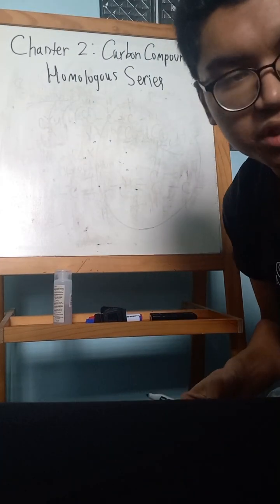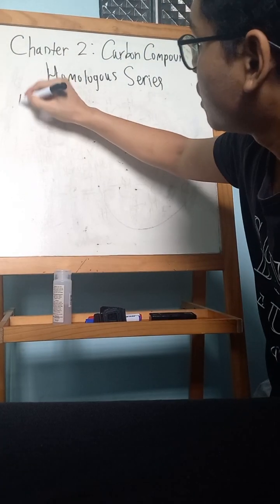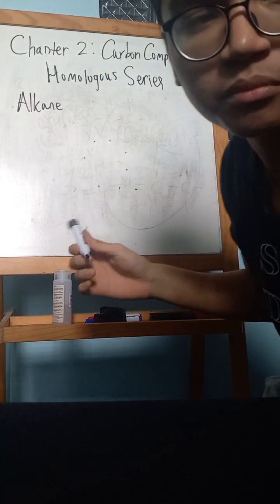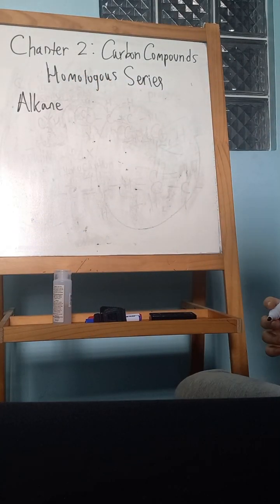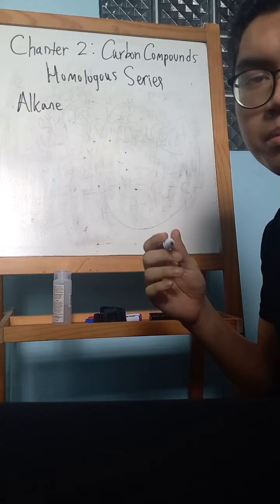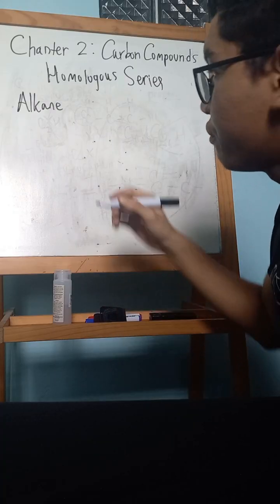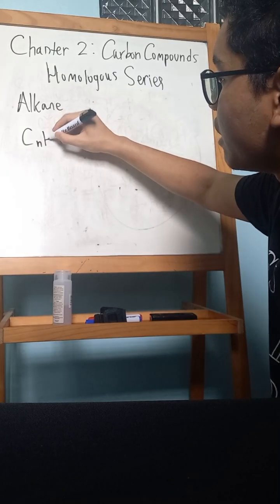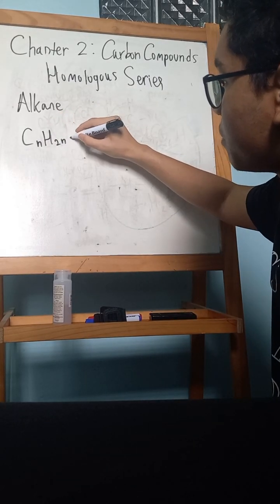First homologous series we'll cover is alkane. Now alkanes have a general formula of CnH2n+2.